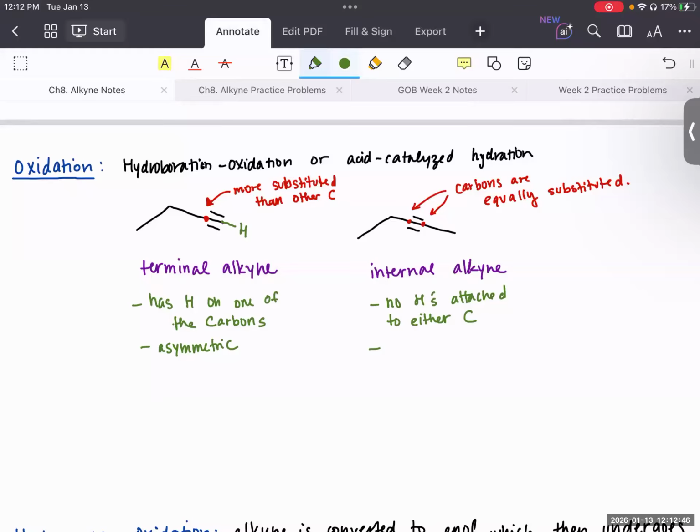Because of this, for a terminal alkyne, the reactions are selective towards a carbon, while for the internal alkyne, the carbons are equally substituted, so we won't have selectivity and we'll get a mixture of products. This will be true for both of the reactions.